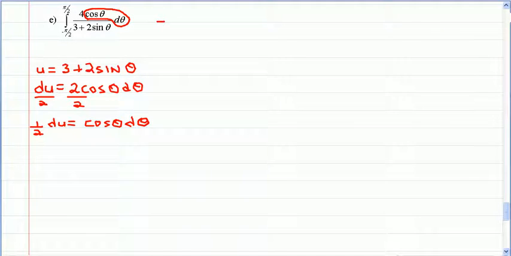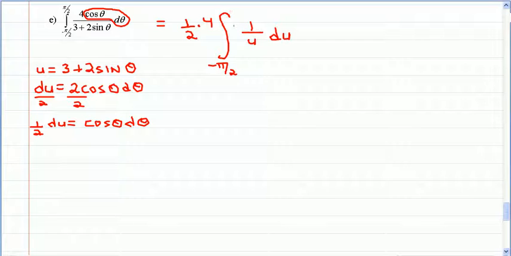So I'm going to rewrite this problem, and I put the 1/2 on the outside from the 1/2 du, but I'm also going to bring the 4 on the outside. So I have 1/2 times 4 times the integral of 1 over u du from minus pi over 2 to pi over 2. And I will rewrite this again, 1/2 times 4 is just 2.